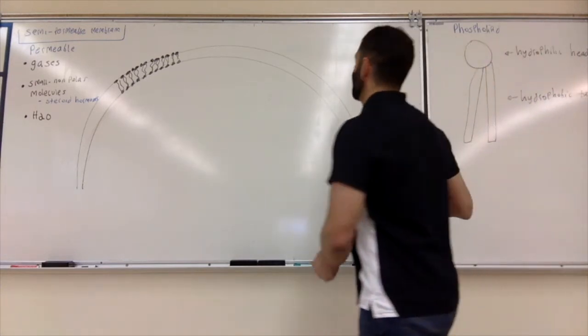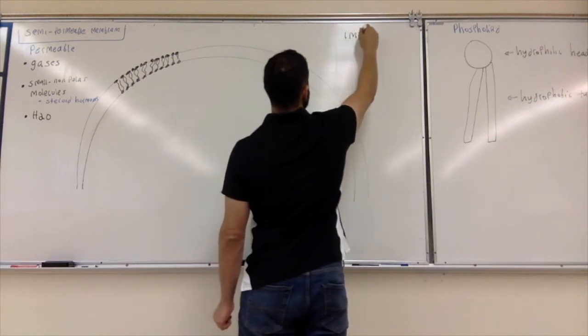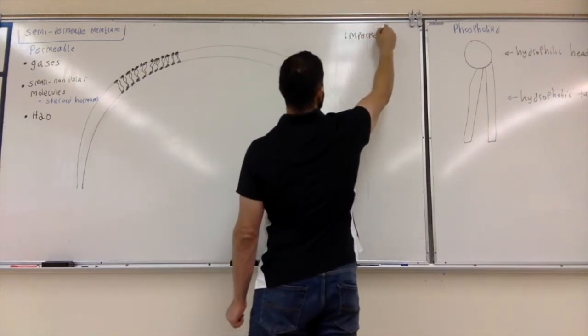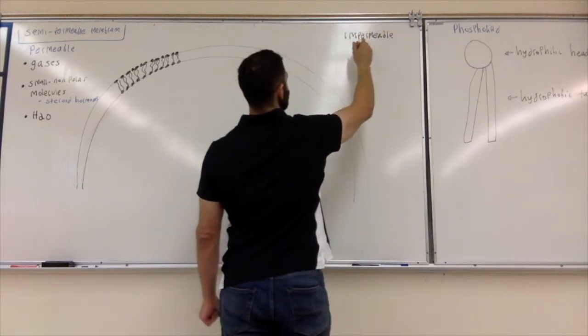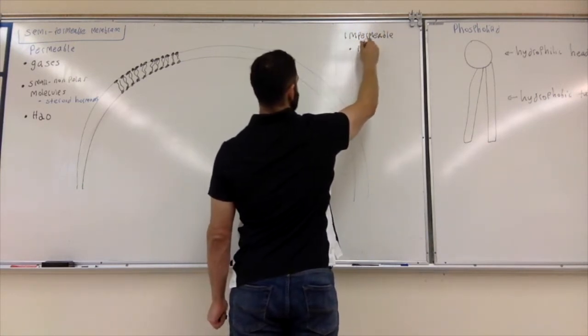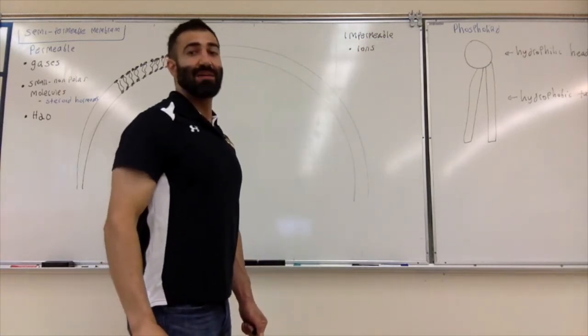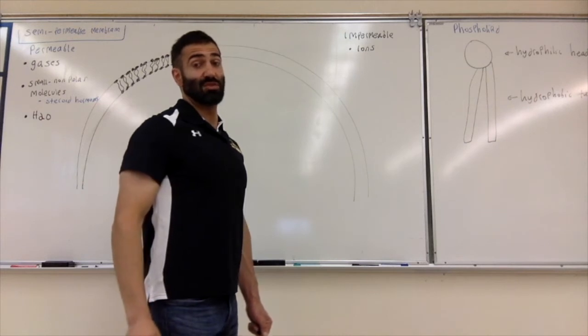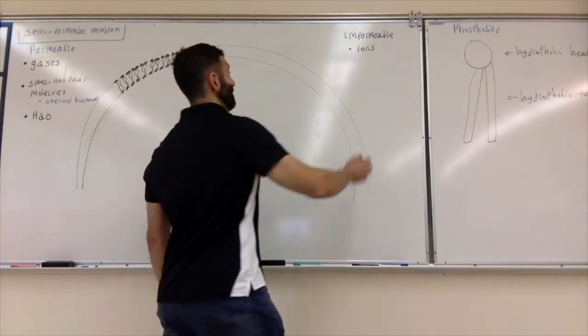Some examples of that, so I'm going to put here impermeable. And the first thing that is impermeable is going to be ions. Anything charged cannot pass through the cell membrane on its own. Ions also need channel proteins, as we'll talk about.